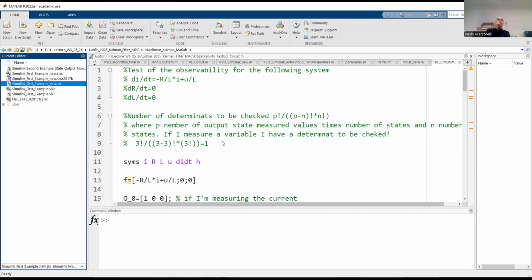I can show you a paper in which we try to estimate, for instance, sugar in the blood, or some hormones. I will show you what I intend, more clearly. Okay, let me now share Simulink.